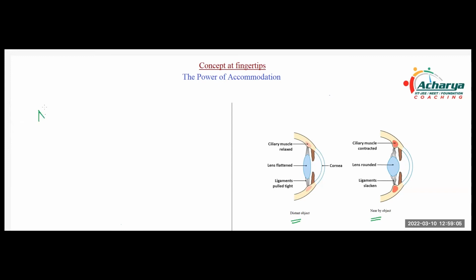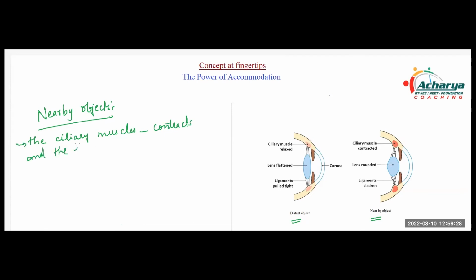So how can we see nearby objects? The ciliary muscles contract and the ligaments slacken.